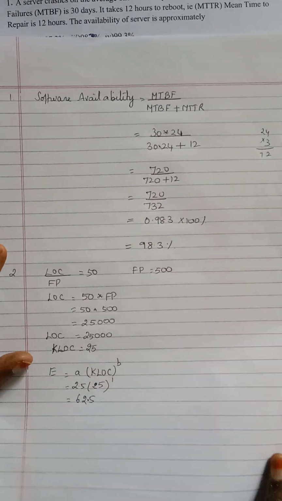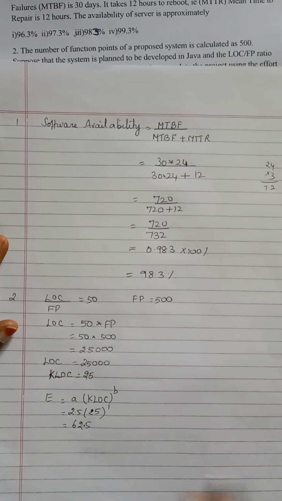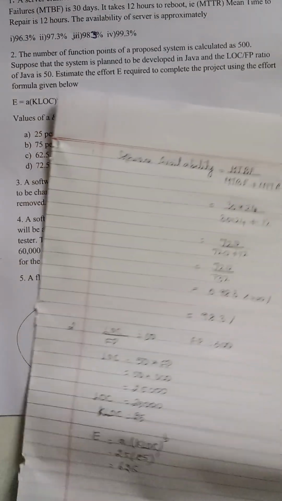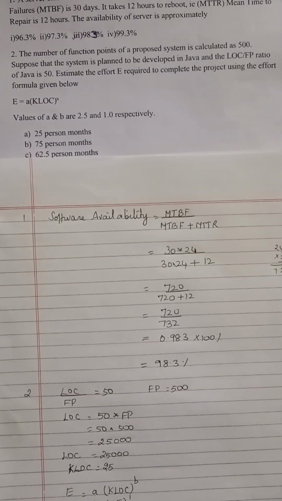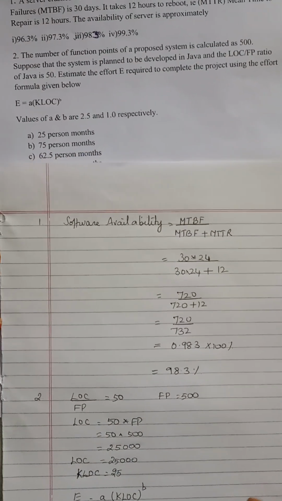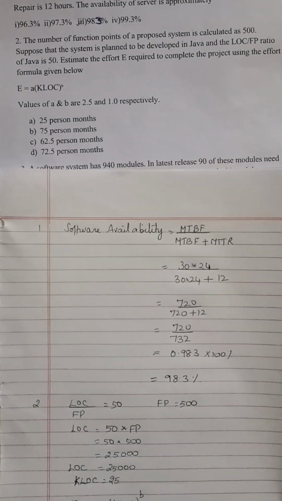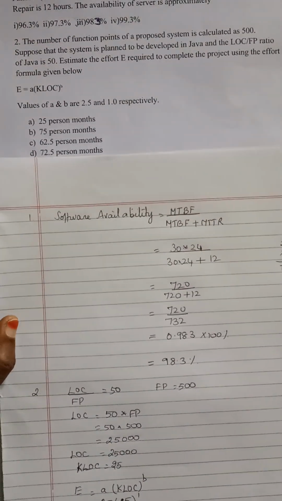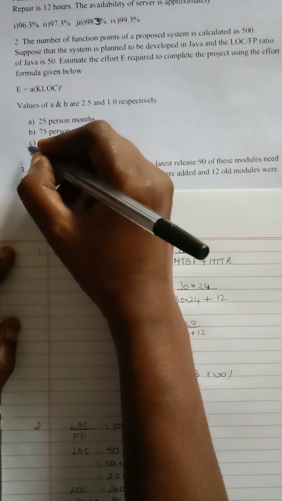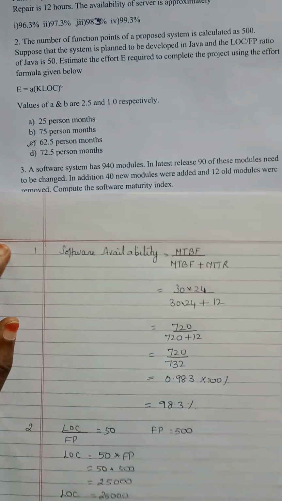So 62.5 is the value, the effort. Okay, so the effort is in person months. So the value is 62.5 person months.